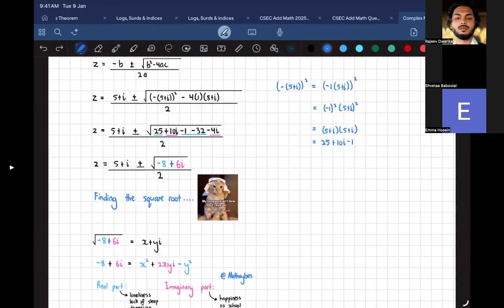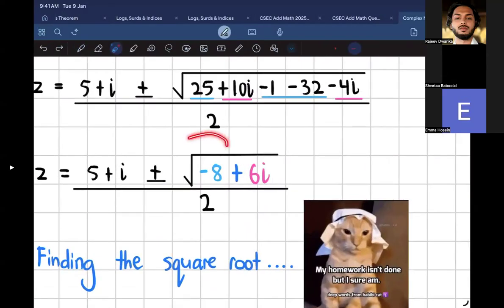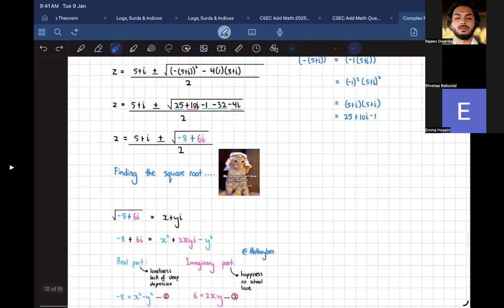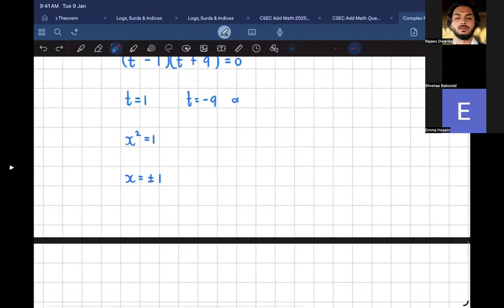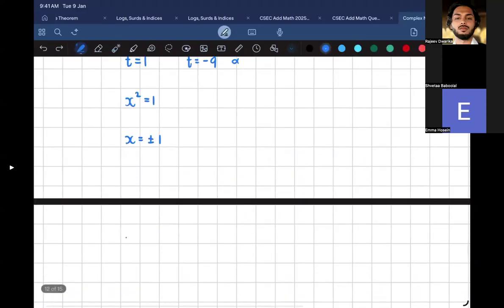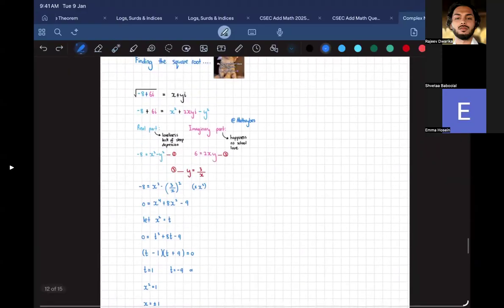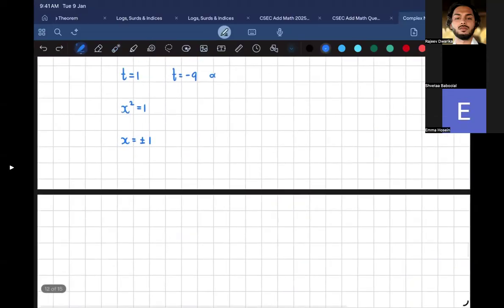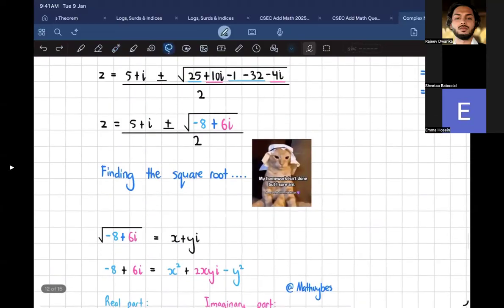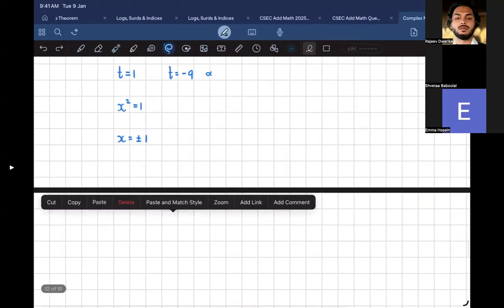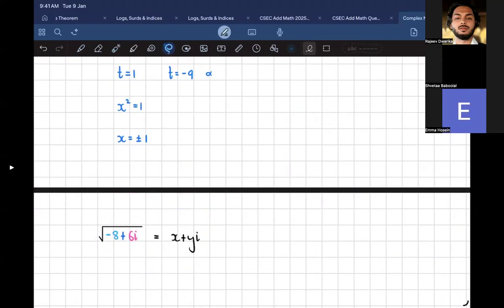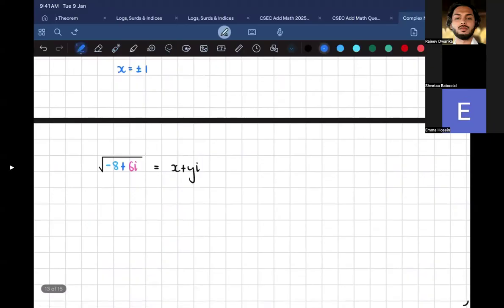So guys, remember how I told you all that when you find the square root of a complex number, the solution will always exist in a plus or minus form. So check this. The answer for that is going to be a plus or minus solution, right?